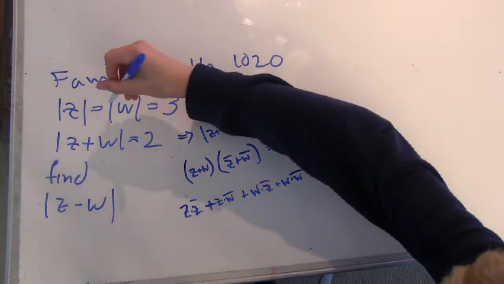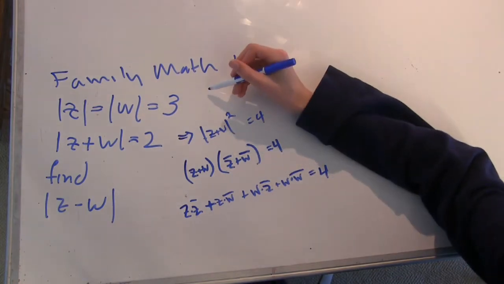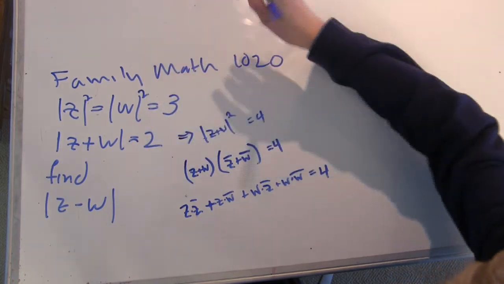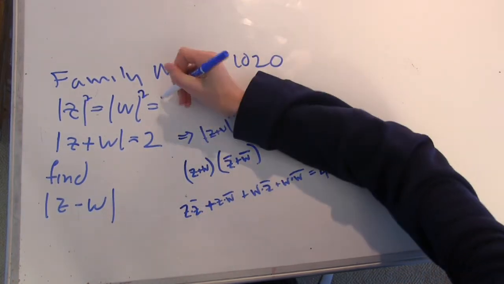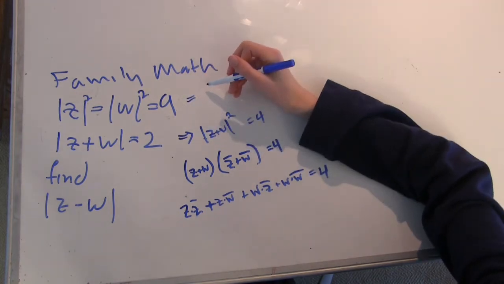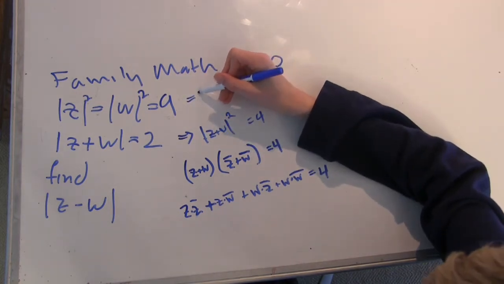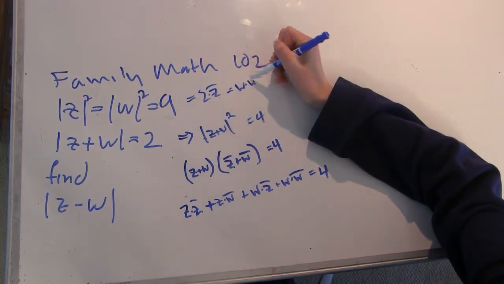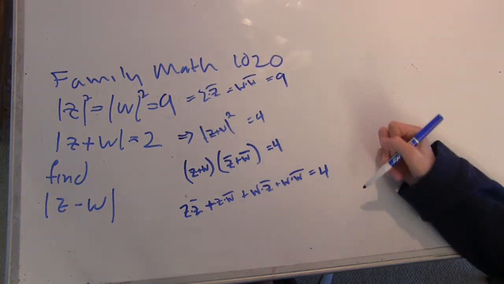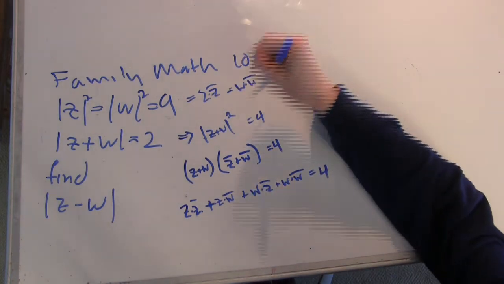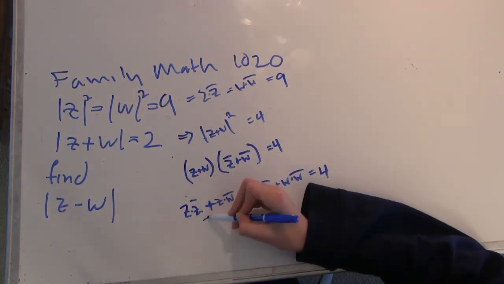And if we do the same thing for these up here, we get that this squared is 9. So z times z bar equals w times w bar equals 9. Okay, nice. So we can replace these with 9.